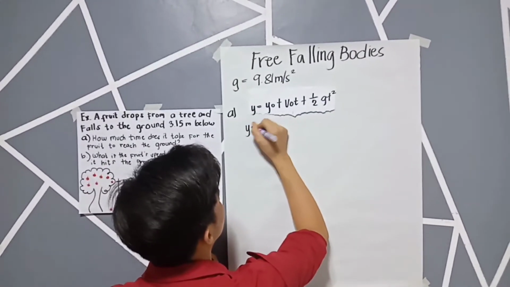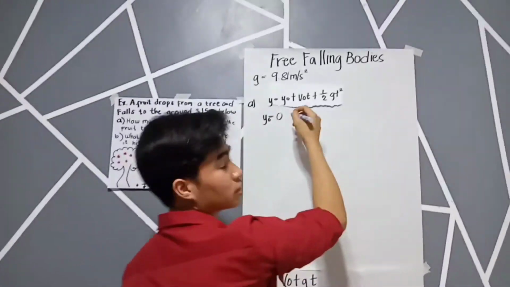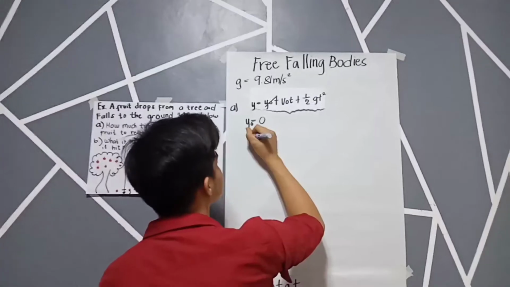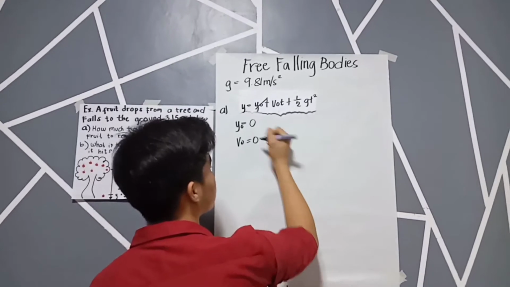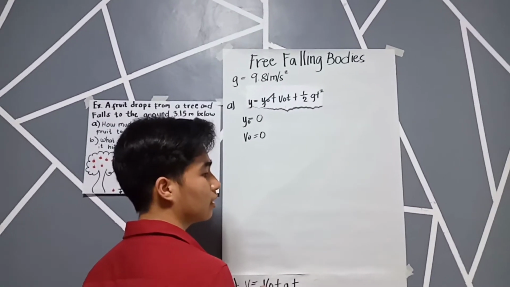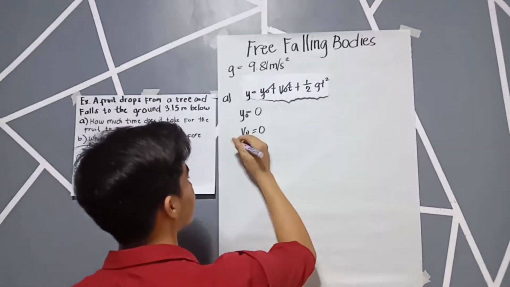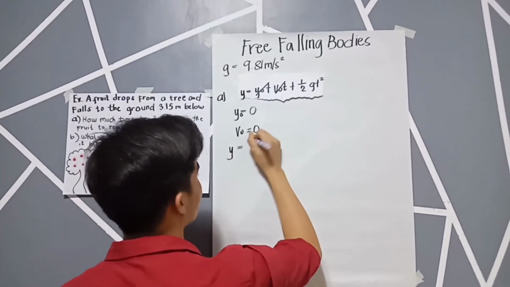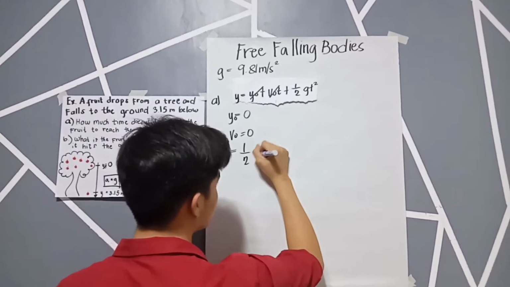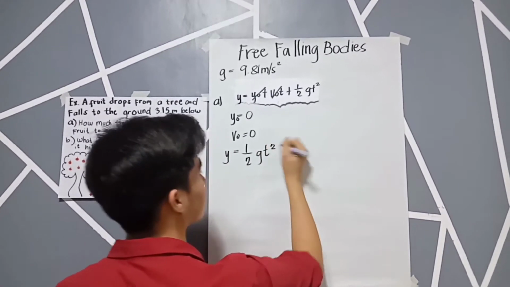y sub o is equal to 0, so cancel. v sub o is equal to 0, which is the initial velocity, so cancel. So we have y equals 1/2 g times t squared.